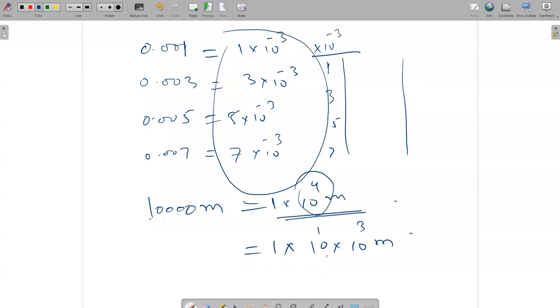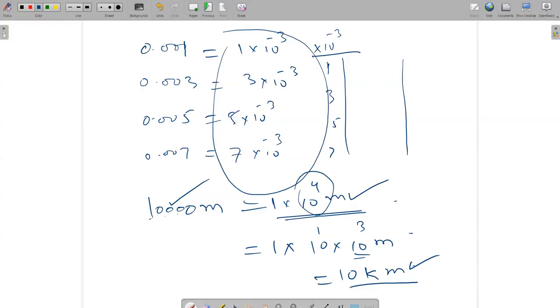So you can write 10, and this is what? Kilometer. You can write it as 10 kilometer. So this is your prefix form, this is your standard form, and this is your ordinary form. We frequently use the standard form or the prefix form during experiments and calculations. That's why we are studying all these things.